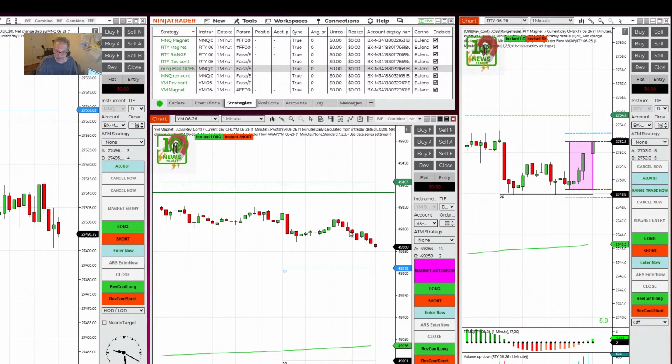We will have possible magnet entry on the YM, possible RTY. So unfortunately, the RTY is testing the high now. It's testing the high now.